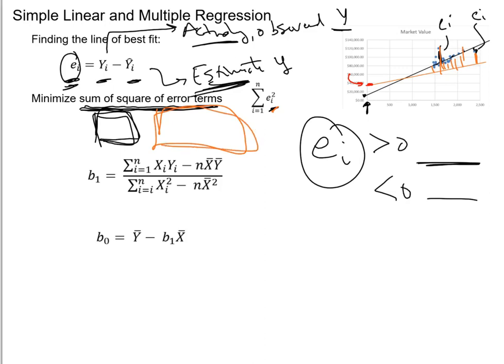And in fact, what regression does is it tries every single combination of vertical intercept and slope until it minimizes the error sum of squares. It's going to control the vertical intercept and the slope in a way such that it minimizes the error sum of squares.